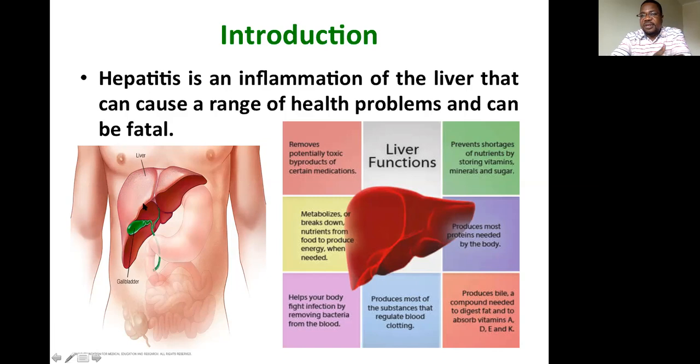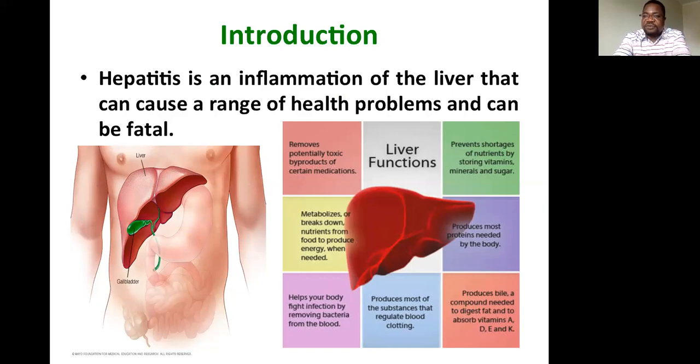The liver plays several functions. For instance, it plays a major role in the removal of toxic byproducts of certain medication. The liver metabolizes or breaks down a number of nutrients from food to generate energy when our body requires energy.